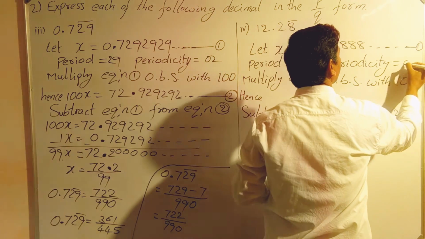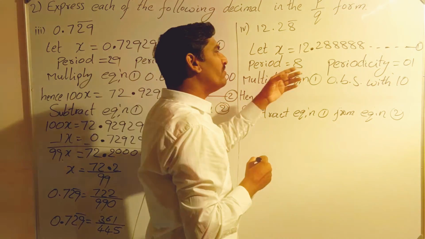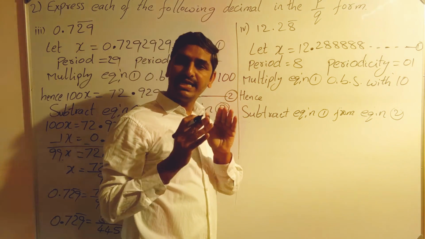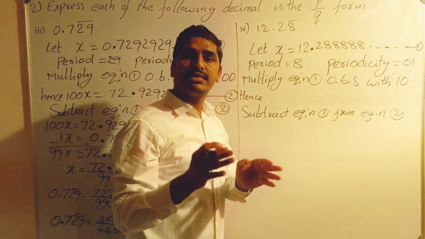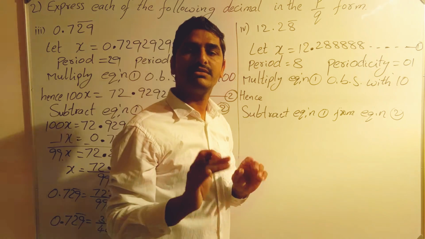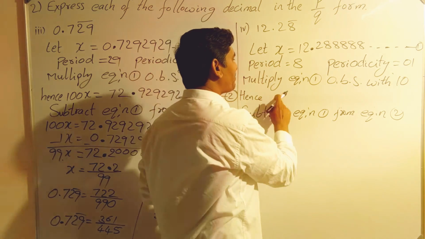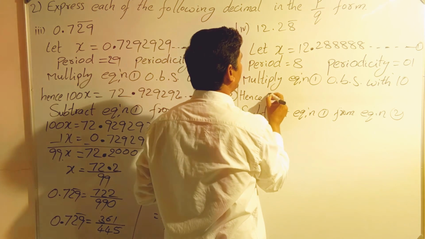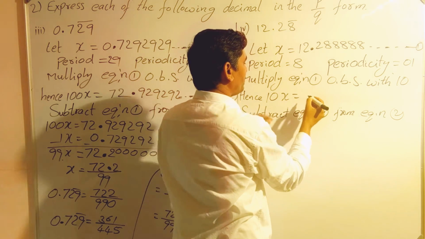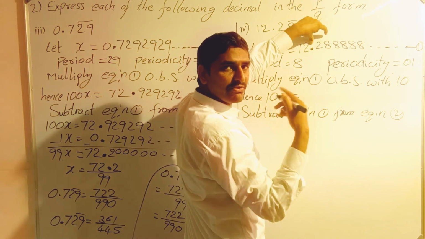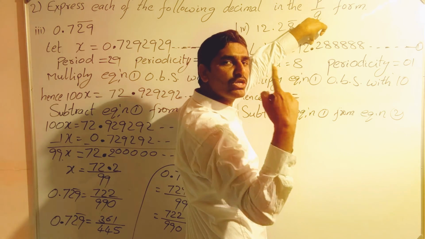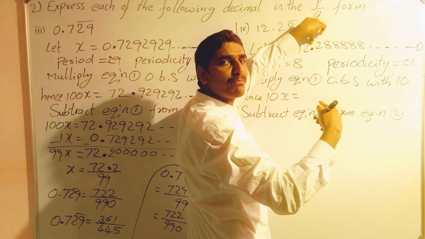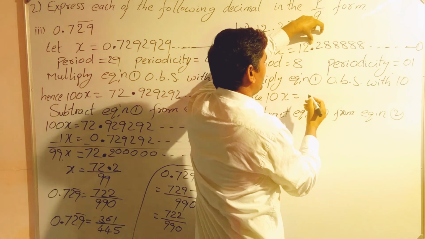So the periodicity is 1. Whenever only one decimal is repeating, multiply with 10 on both sides of equation 1. So then it becomes 10x. Since we multiply by 10, the point moves forward only one decimal.